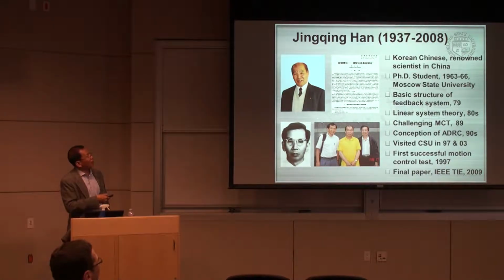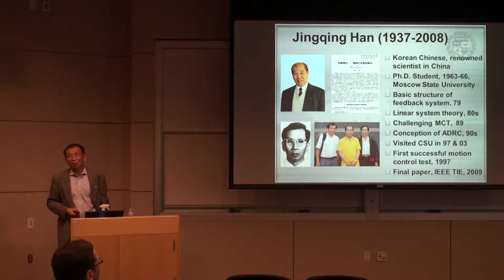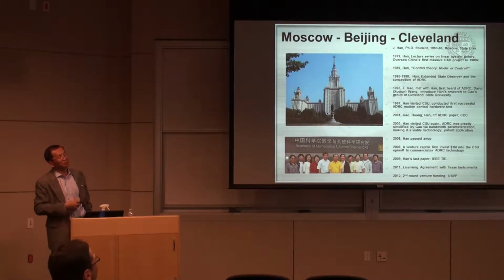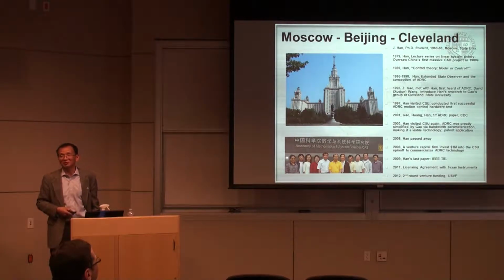He and my father worked in the same institute, and we came into contact in the 1990s. And I took this idea to the U.S., to Cleveland State, and we worked on it for close to 20 years. And then we handed off to David, to U.S. venture partners, to commercialize this idea. So that's basically the nutshell of this story: from Moscow to Beijing to Cleveland.